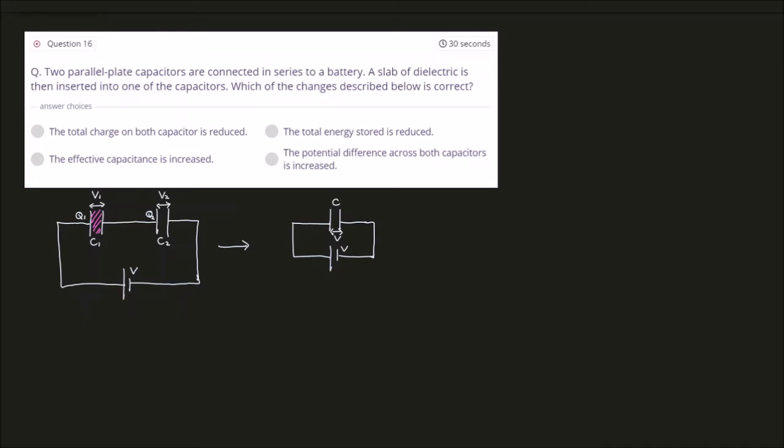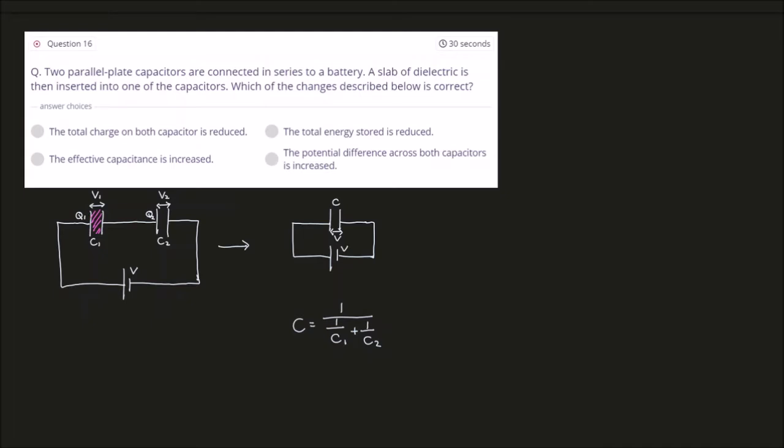So V supply will equal V capacitor. Let's write down all the things we know. C here, the equivalent capacitance, can be determined by 1 over C1 plus 1 over C2. So that is our capacitance.